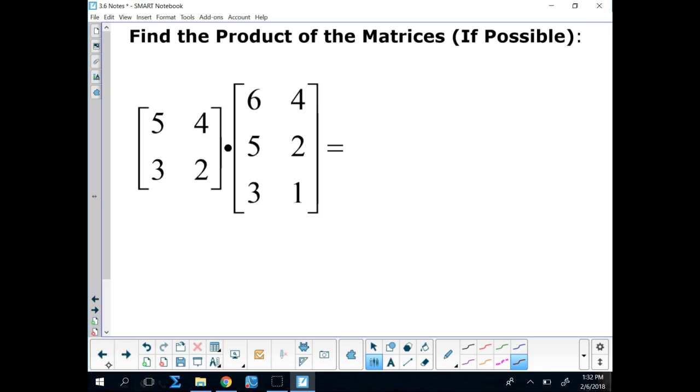Dimension check. Dimensions of the first one, 2 by 2. Dimensions of the second one. Is it possible? Why not? Middle two numbers are not the same.